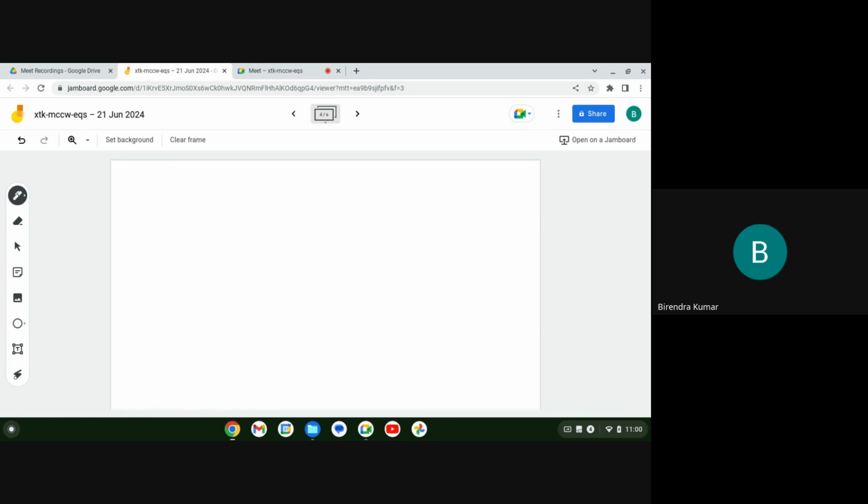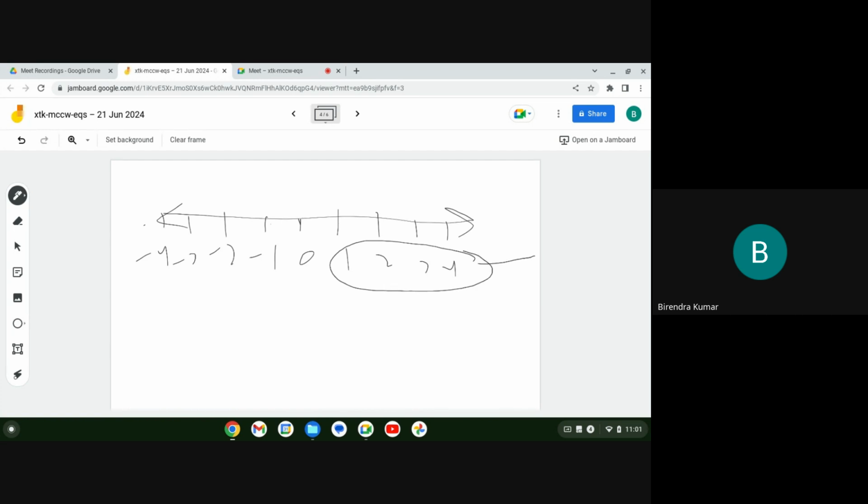Now, if I'm talking about the number line, 0, 1, 2, 3, 4, everybody knows what a number line is, correct? And so on and so forth. If I'm looking at only these numbers 1, 2, 3, 4, and everything in the positive direction, what are these called? Positive numbers.